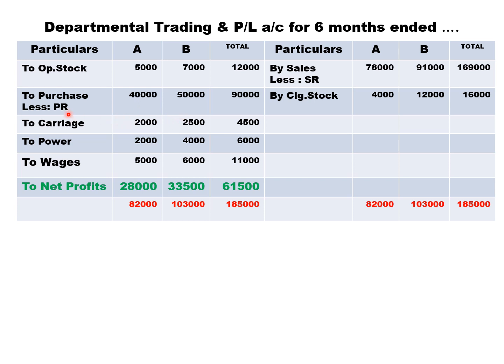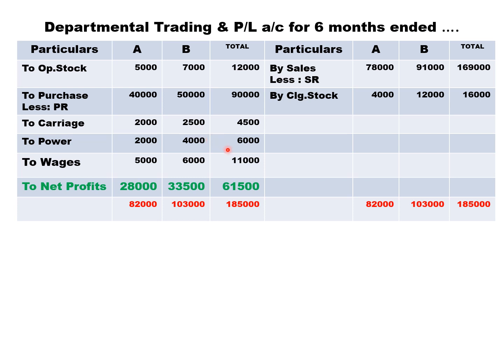Here the calculation of purchase returns is not shown, so the direct answer is given: 40,000 and 50,000. Carriage will be 4,500 to be distributed in purchase ratio 4:5.